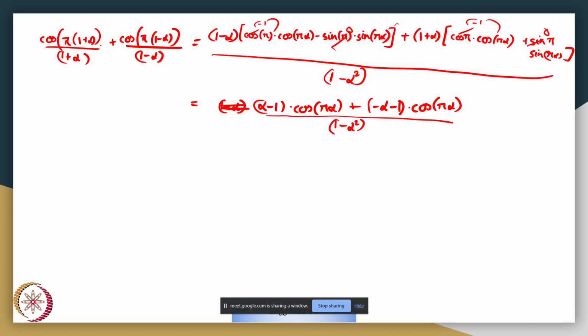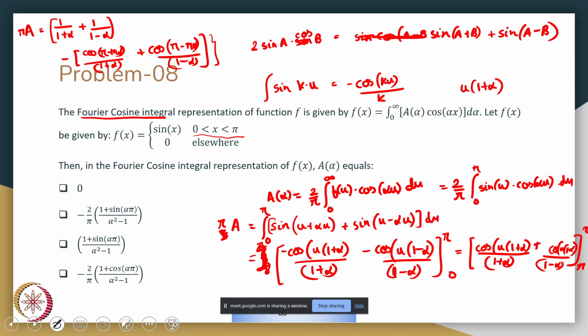So plus alpha and minus alpha will cancel out to give us minus 2 times cos of pi alpha upon 1 minus alpha square.